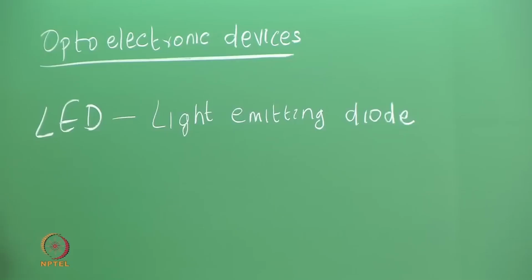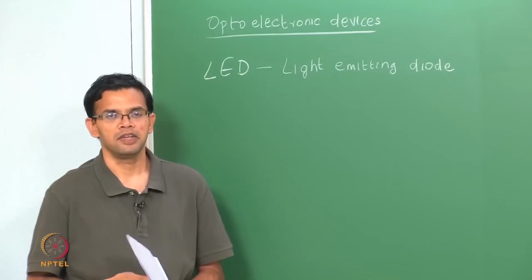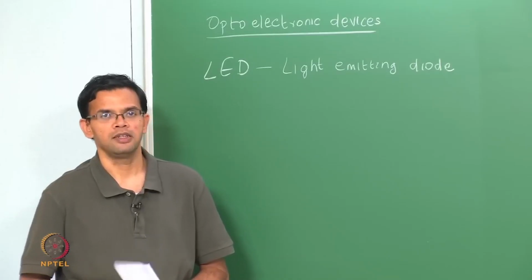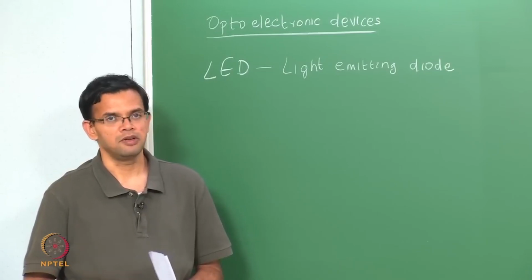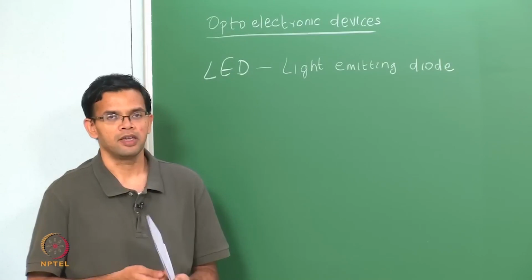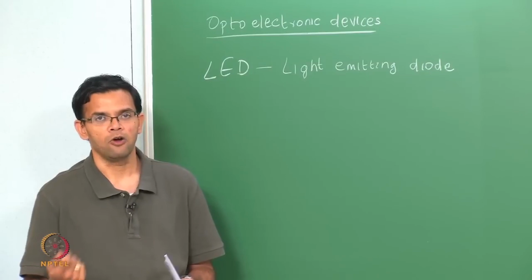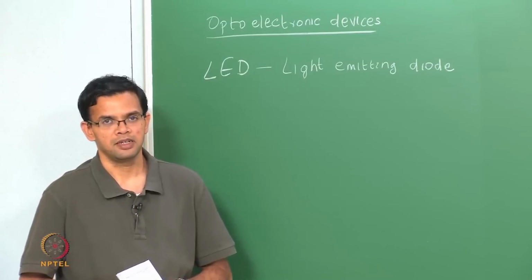If you remember, there are mainly two kinds of devices: those in which you have an injection of carriers that recombine in order to give you light. So, this could be in the visible region or in the infrared or UV. You also have a case where you shine light onto a material and get an output in the form of an electric current.